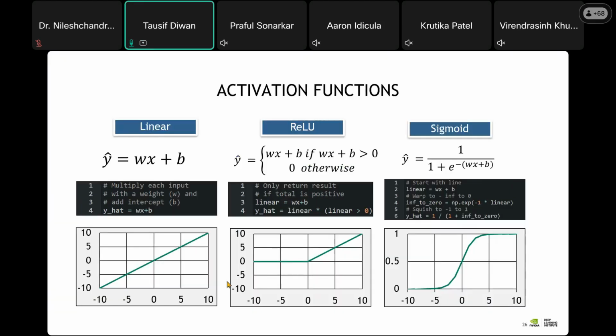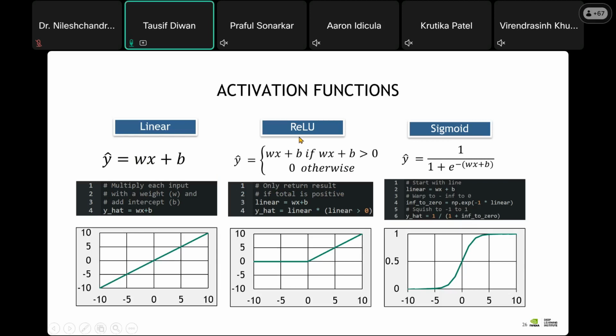Now there are various kinds of activation functions that we can use. One activation function is linear, like this wx plus b, but generally the applications in nature are non-linear. So there are various non-linear activation functions. Examples are sigmoid, ReLU, tanh.